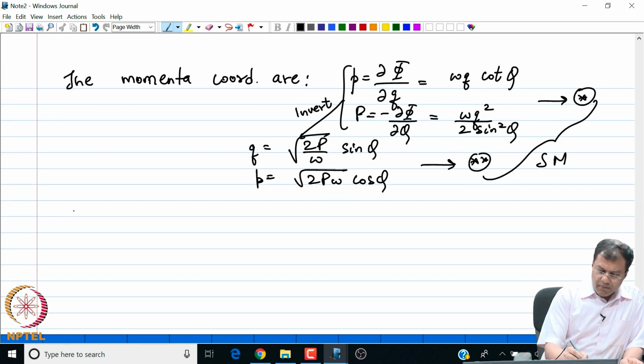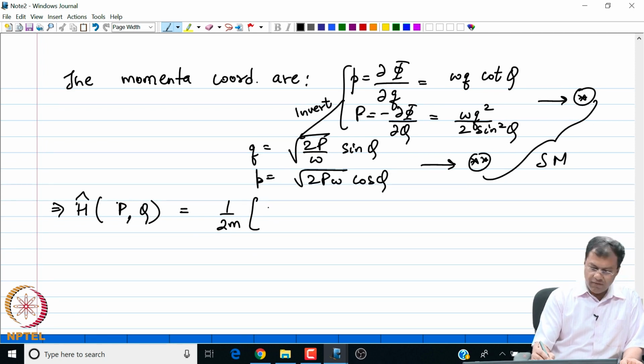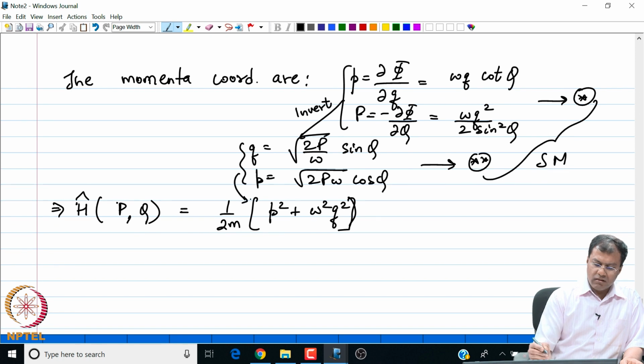So which means now I am ready to describe my Hamiltonian in the new coordinate frame. The Hamiltonian H hat of P comma Q in the new frame is 1 by 2m times the Hamiltonian in the original frame, p square plus omega square q square. I can readily substitute in this frame.